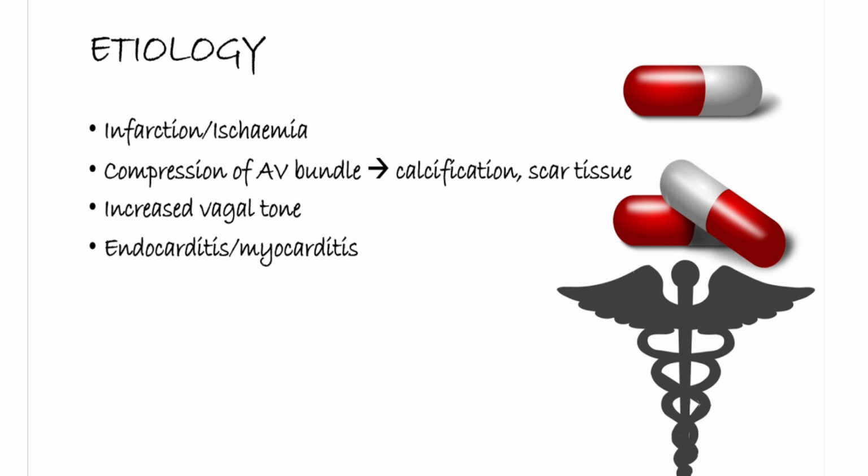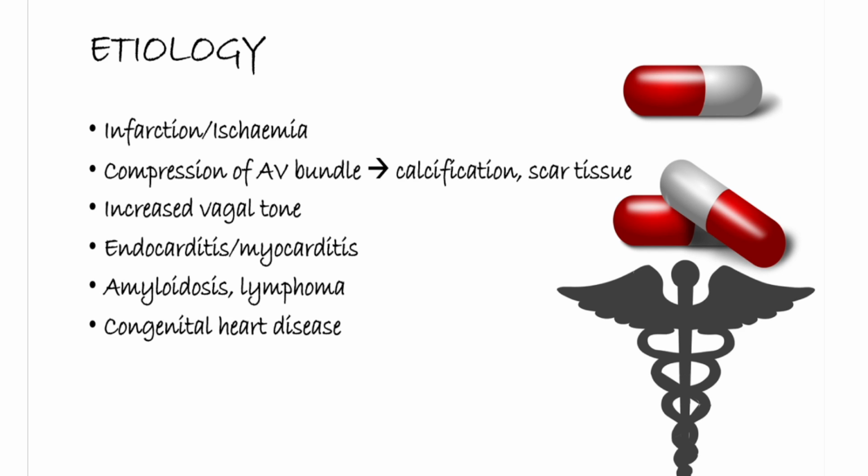Okay. So then we can have endocarditis and myocarditis, that is the inflammatory diseases that can cause all this, and also infiltrative diseases like amyloidosis and lymphoma, also some kind of congenital heart disease, also maybe lupus, which has been passed from the mother due to genetic variation or mutations, systemic lupus erythematosus.